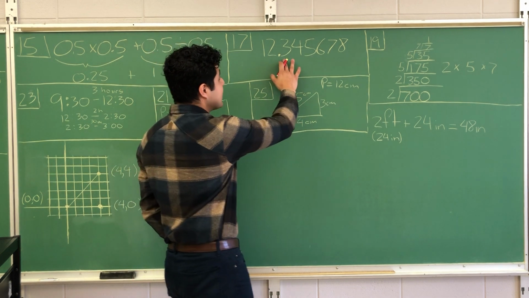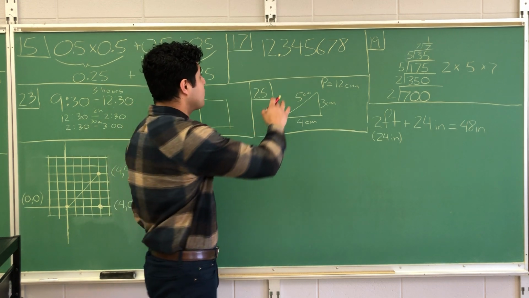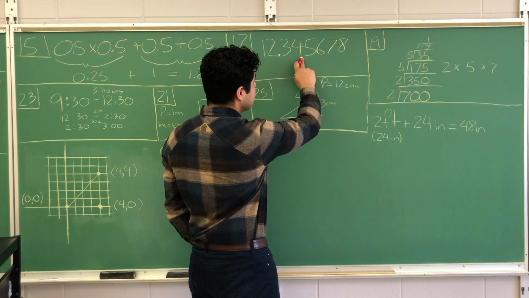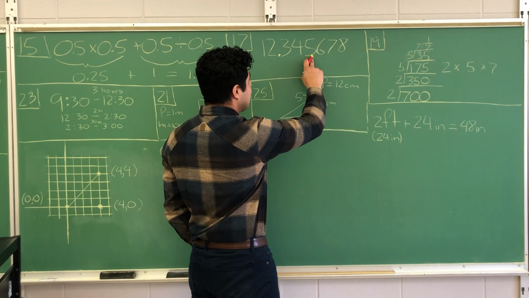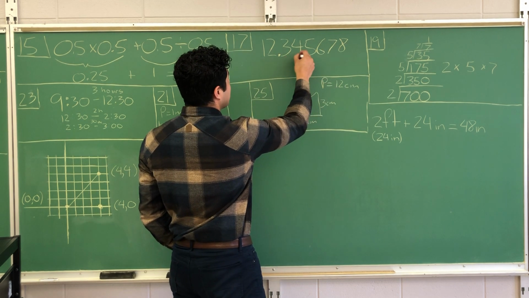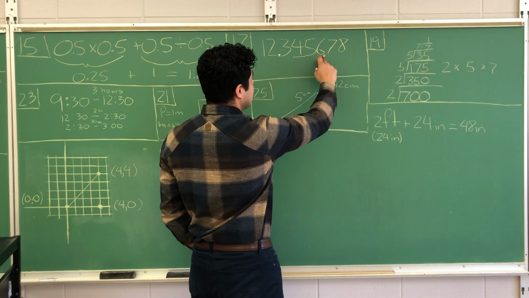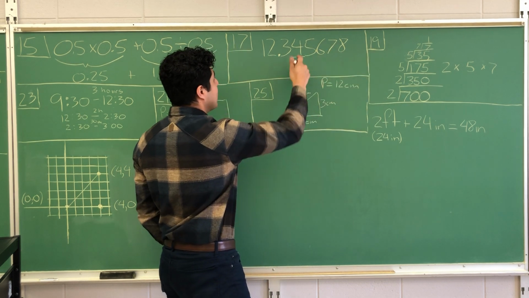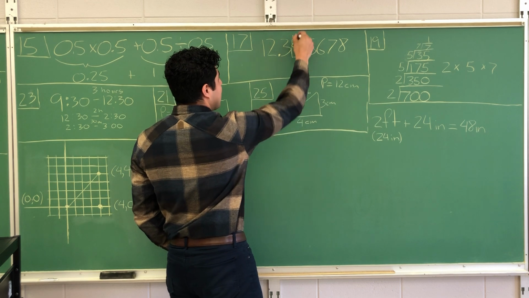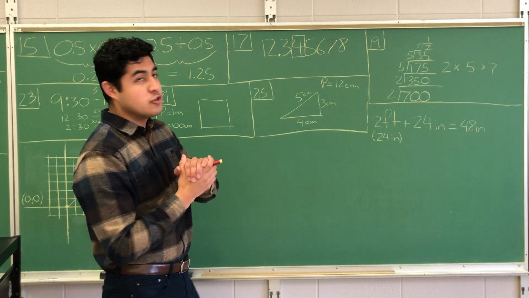Next we have the 3 in the tenths place, T-E-N-T-H-S, tenths place. We have the 4 in the hundredths place, 5 in the thousandths, ten-thousandths, and so on. Okay, we found the one we're looking for. So 4 is in the hundredths place.